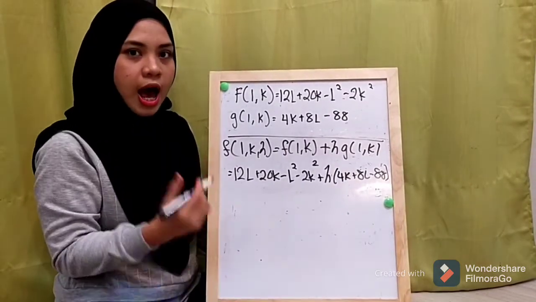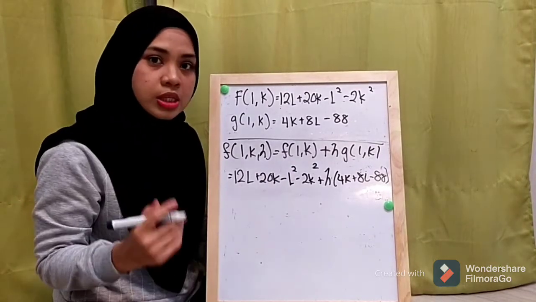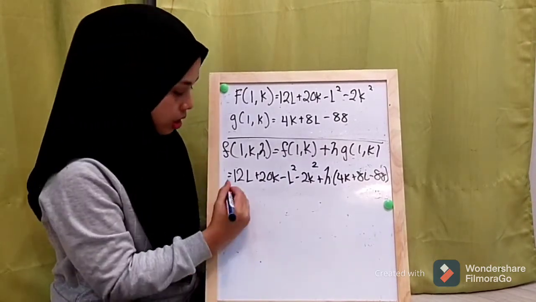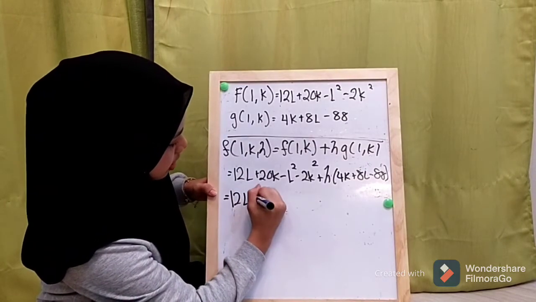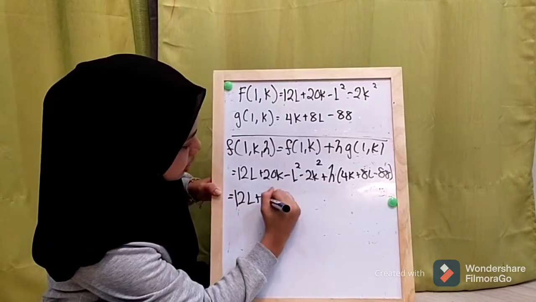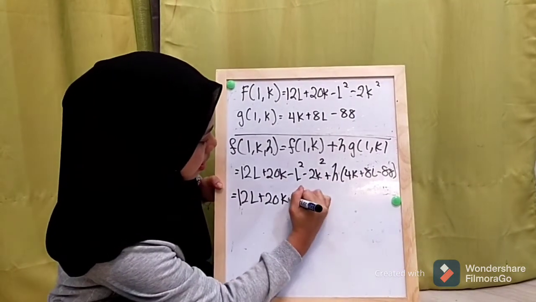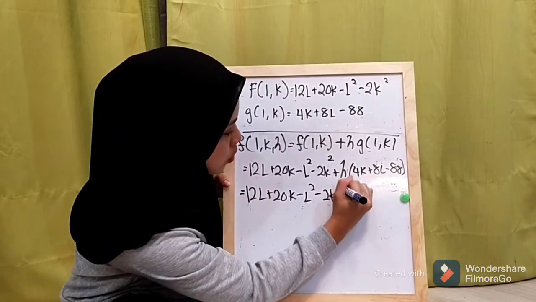The next one, I will expand it to make it easier for us to see and differentiate. So I will write 12L plus 20K minus L power of 2 minus 2K power of 2.